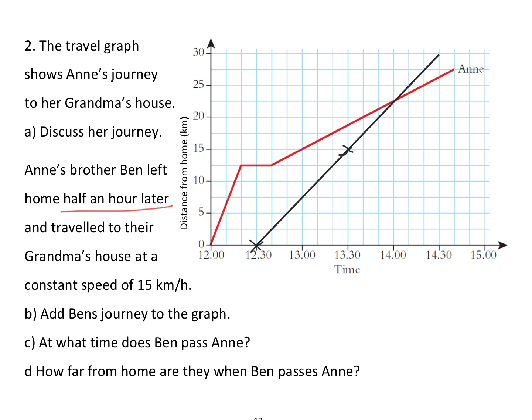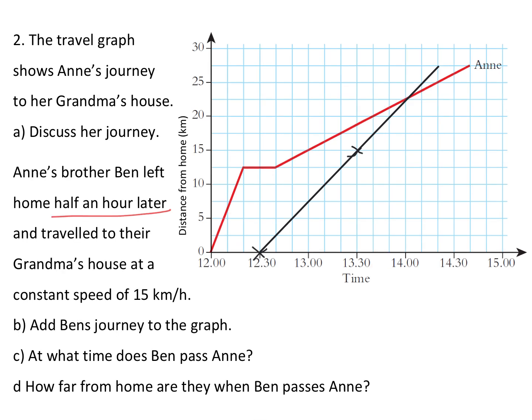Well, travel to grandma's house at the constant speed of 15 kilometres per hour. I assume he stops there at 27.5 because that's when he's arrived at the grandma's house. So this here should stop at 27.5 as well. So we need to make that a little bit shorter. Okay, got that shortened a bit.